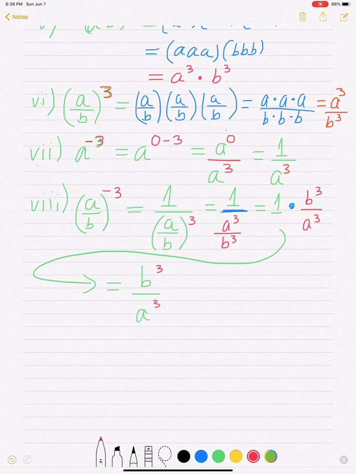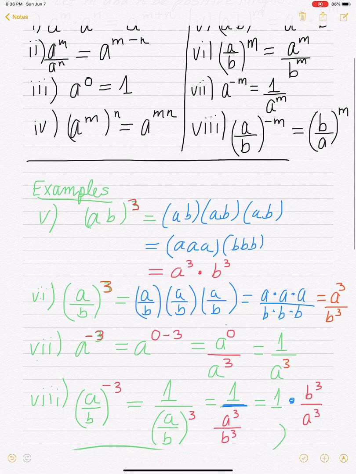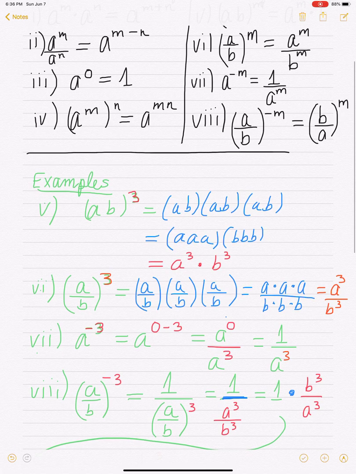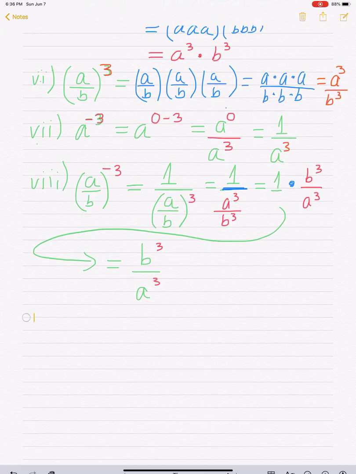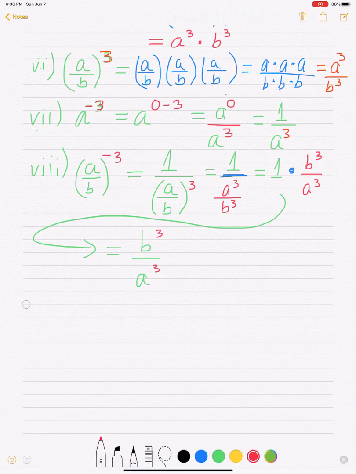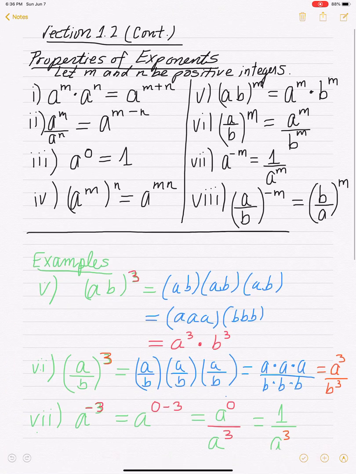And then we can go back and look at property number 6 in reverse, and we can write this as b over a to the third power. So that's exactly what our property number 8 was all about.